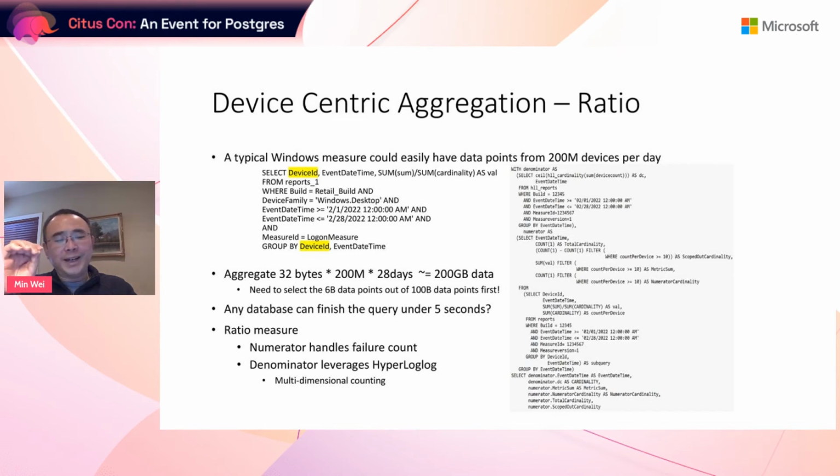Also keep in mind that we need to do multi-dimensional calculations, which is why HyperLogLog is very useful for this problem. I think this is one of the neat tricks we found. Right now we have hundreds of measures like that. Using the Windows measure fleet, we're tracking many different kinds of failures, and it has been very useful for us.